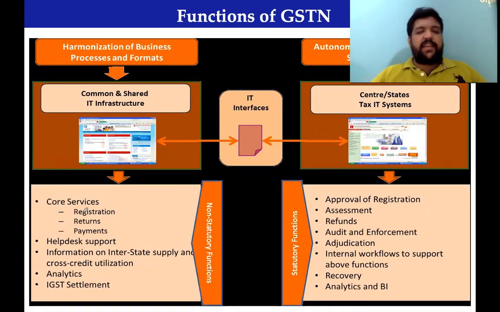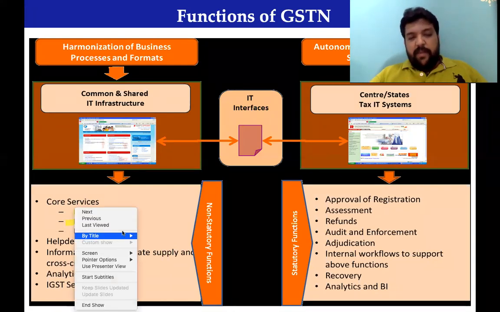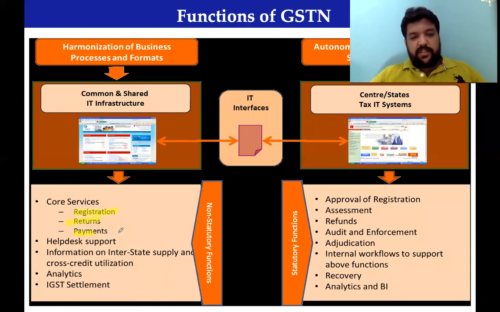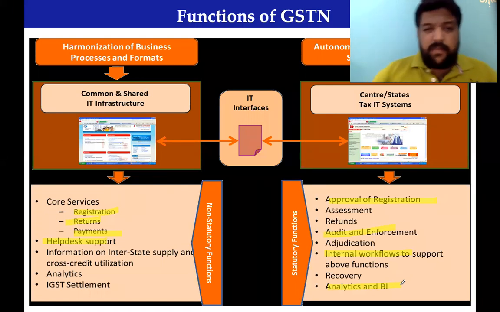It takes care of various activities like registration for GST, return filing, payment of taxes, followed by all the support in connection with managing the law, plus appeals, refunds, approval of registration, conducting an audit, all the internal workflow and how to move the data, plus big data analytics using business intelligence tools. A lot of data is collected by GSTN, and they use it for many purposes.